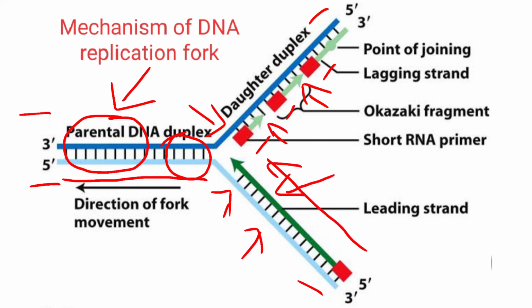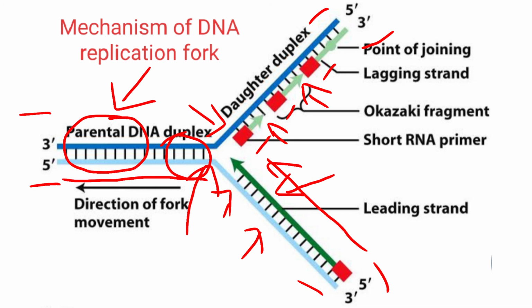Like that the newly formed strand is also 3' here and 5' there, so it runs in an anti-parallel manner. This portion is called the replication fork, which looks like an inverted Y shaped structure.